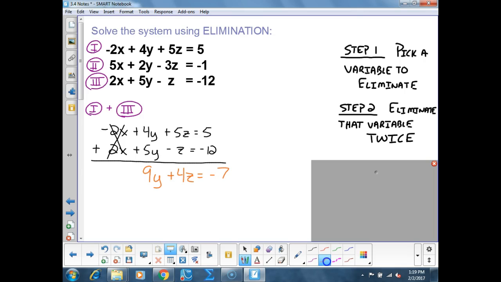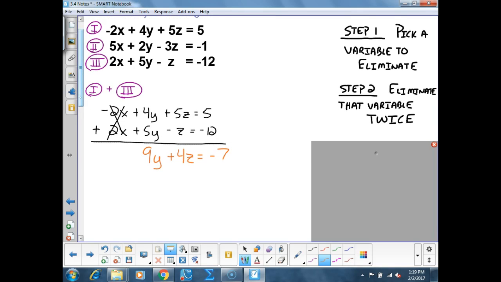If I'm going to use 2 and 1, then I'm probably going to have to go with 5 times equation number 1 plus 2 times equation number 2.